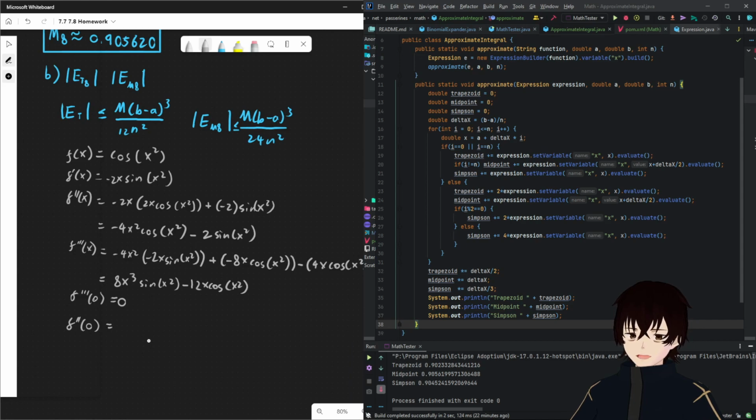Will it be 0 though? Now I'm paranoid. Cosine 0, sine of 0 is 0, cosine 0, we're going to have negative 4.